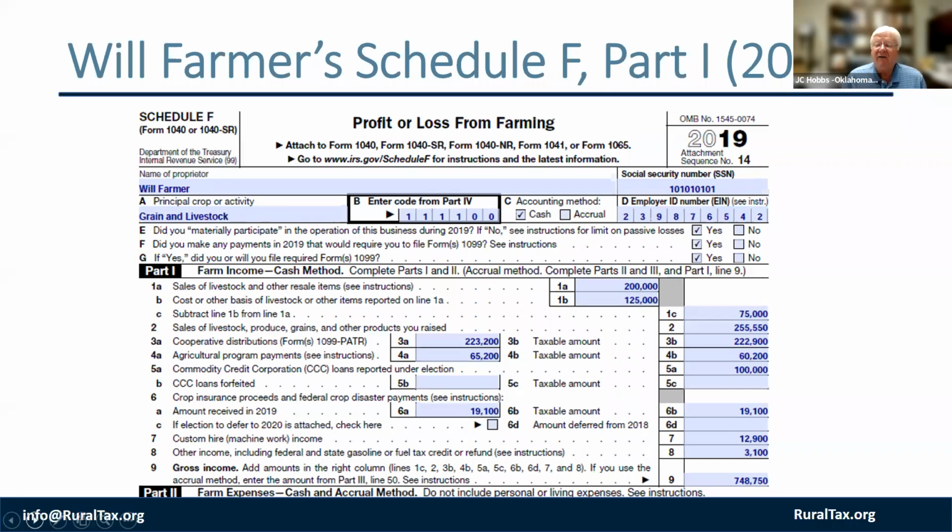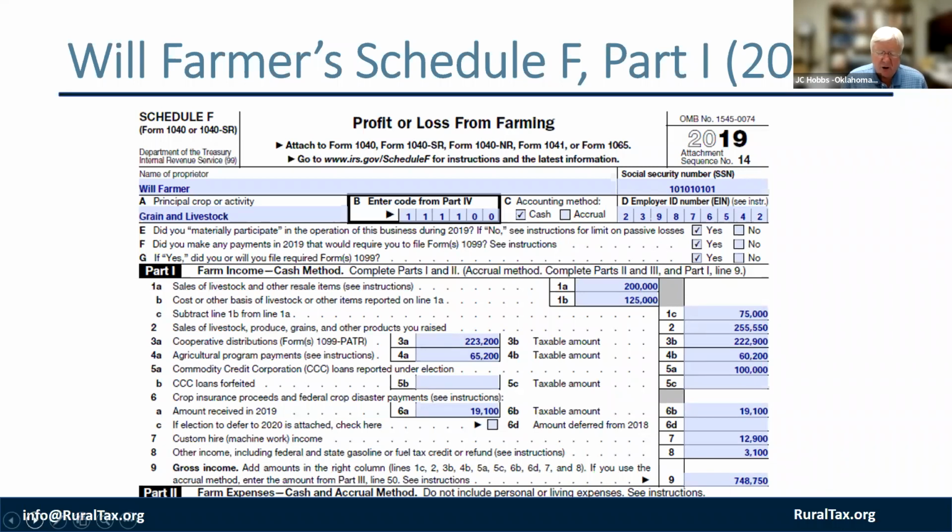So we received $5,000 of market gain that was reported in 2018, but we don't want to report it again in 2019. So we make an adjustment from 4A to 4B for that $5,000 that was reported in the prior year. Again, we have to adjust accordingly. We don't want to pay tax on it twice.